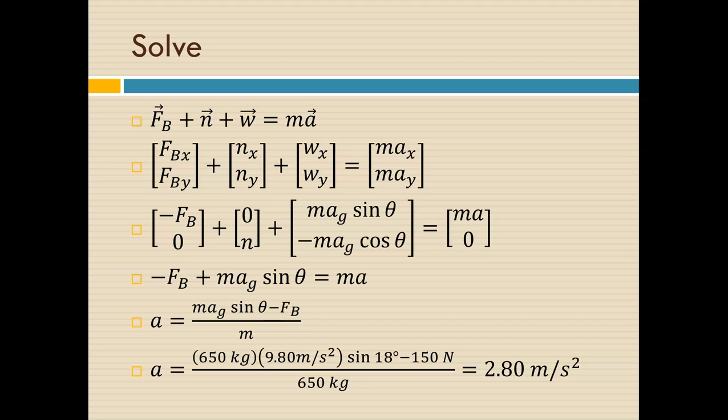One more little detail. In the fourth line, minus FB plus mg sine theta equals ma, can I cancel out the mass? No, I cannot. While I've got a mass factor on the right-hand side and a mass factor in the second term of the left-hand side, I do not have a mass factor in the first term.